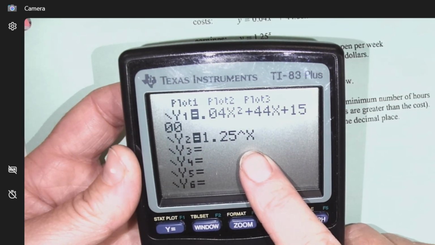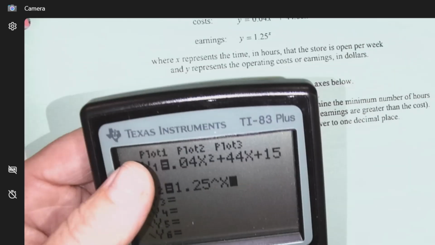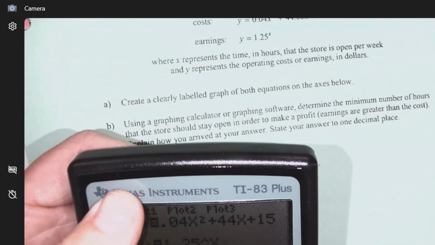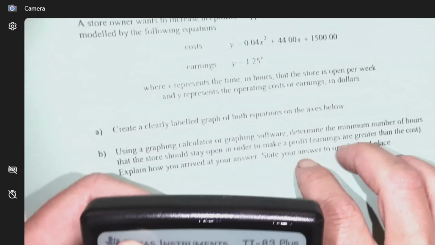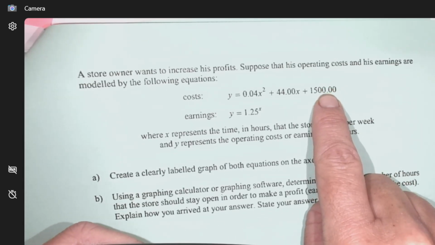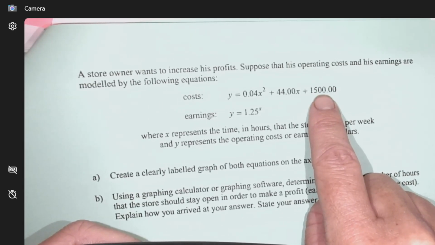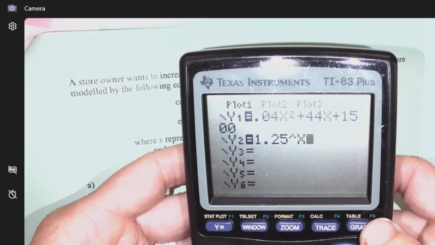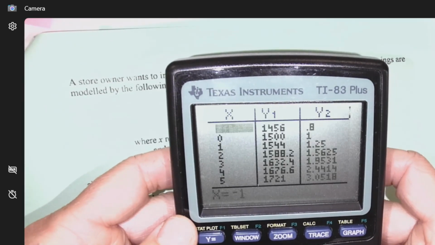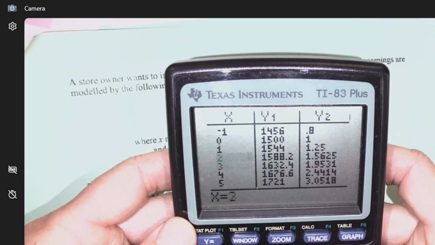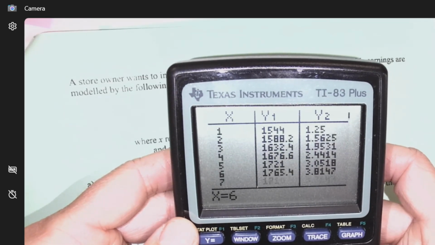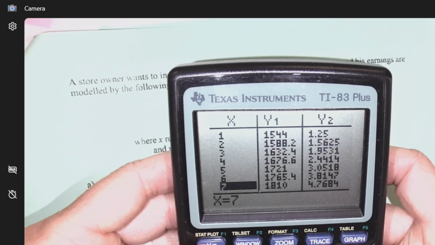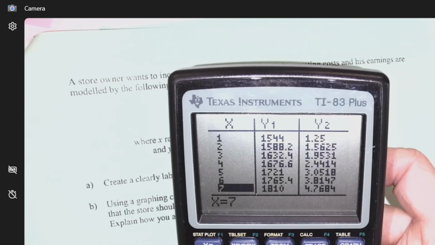To the x? Okay. So this is a company and it's all about money. So I can already see $1,500 of money on this. So I'm going to think my window will be pretty big. Should we cheat? Should we just go to that table? You always have to go to the table. It helps that you know what to kind of put that screen at.